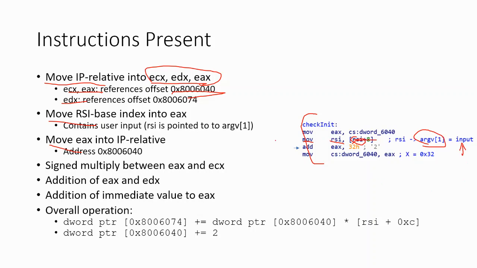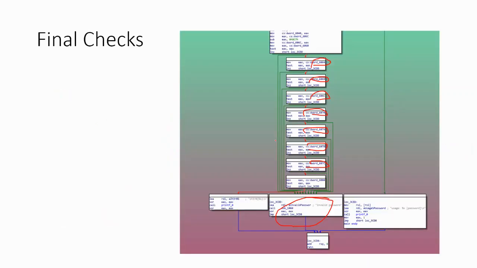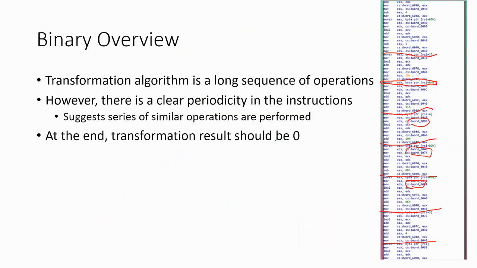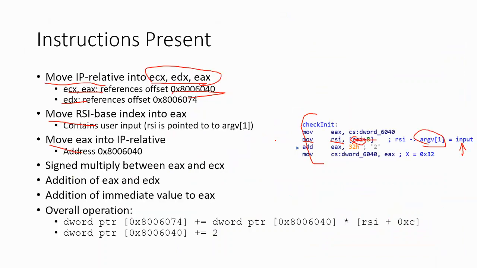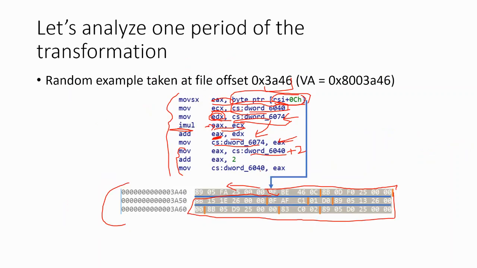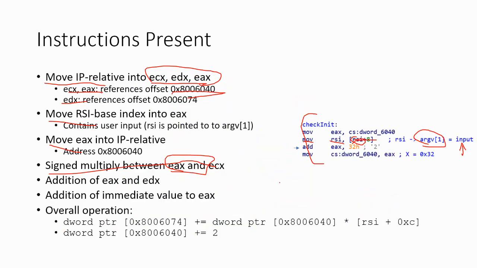In the remaining part of this binary, RSI always references that argv[1], and any offset is relative to that string that you input. We also have a signed multiply between EAX and ECX, the integer imul, an addition of EAX and EDX, and an addition of the immediate value to EAX, and that is, of course, here. So the overall operation of this piece of assembly is to do this.